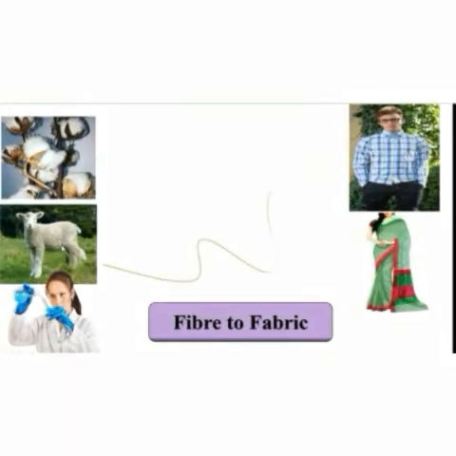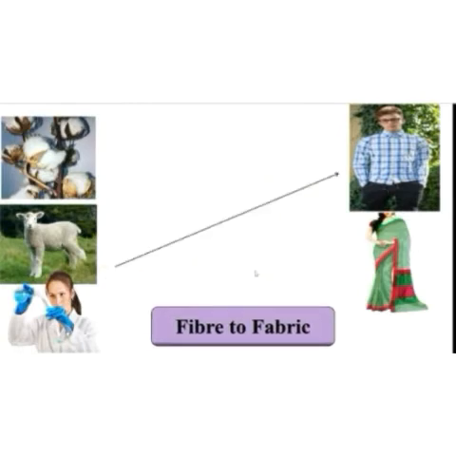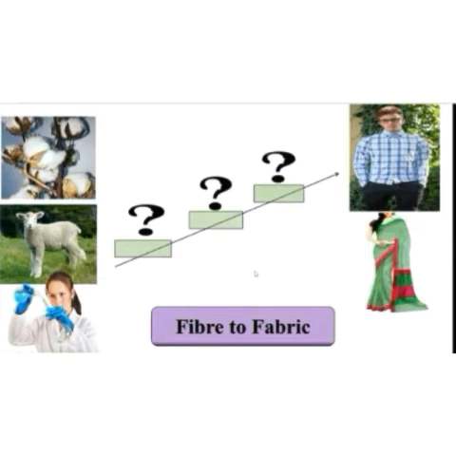That is, how fibers obtained from plants, animals, or chemicals get ultimately converted into clothes that we wear. So, watch this video till the end to understand the complete process step by step. So, let's start, my learners.